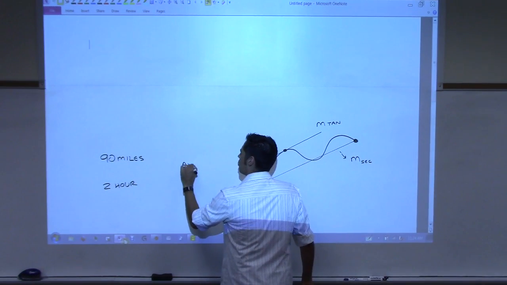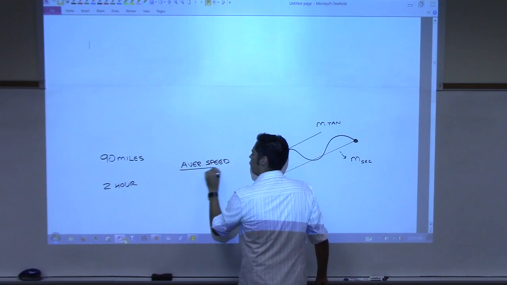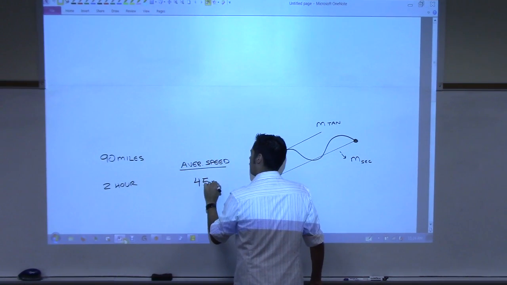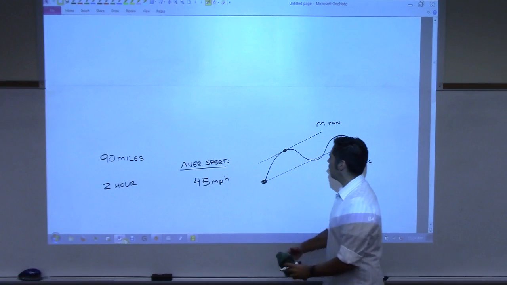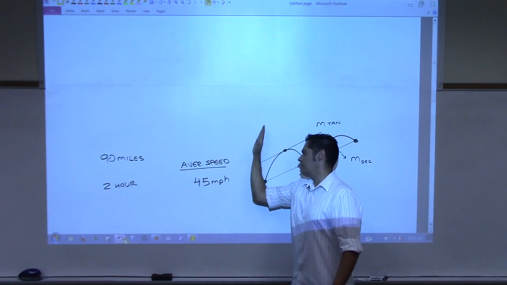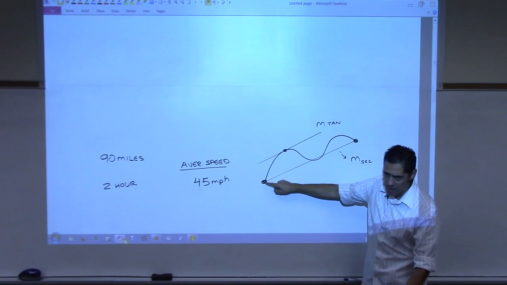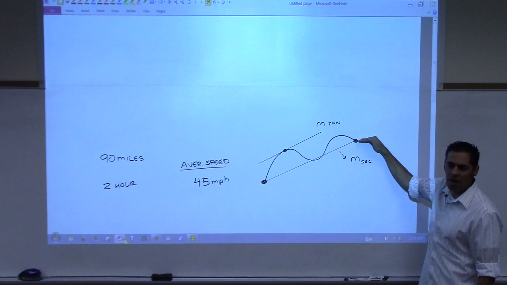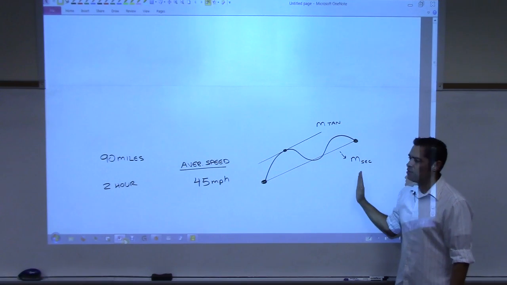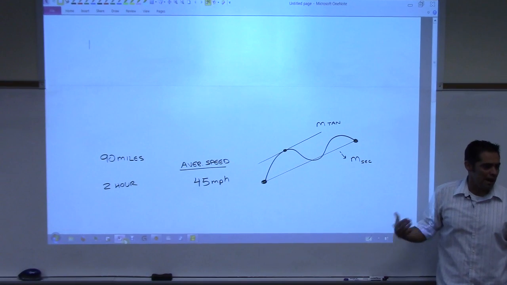Your average speed was 45 miles per hour. So you could look at this as being your trip, okay? Time, distance. Then your starting point, 0 miles, 0 time. Your ending point is 90 miles away, and it took you 2 hours. The slope of the line connecting those 2 points is your average speed.